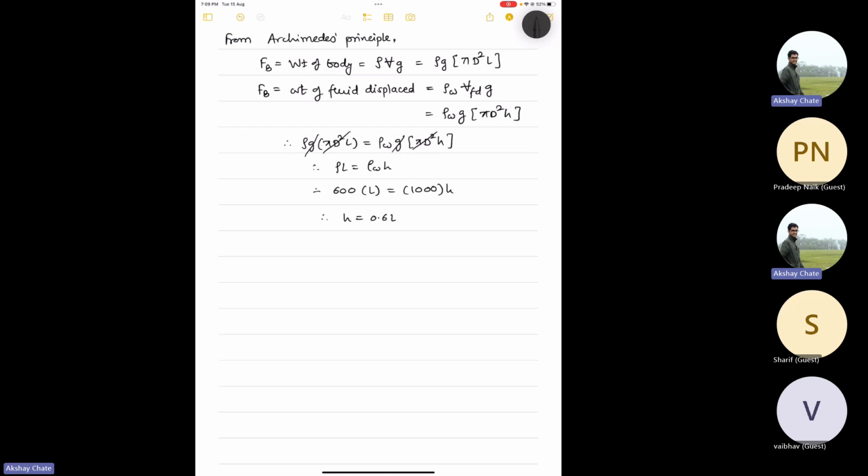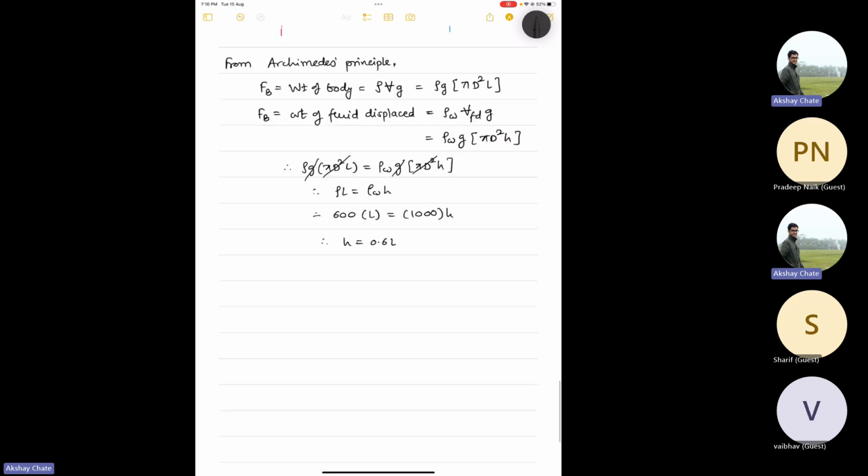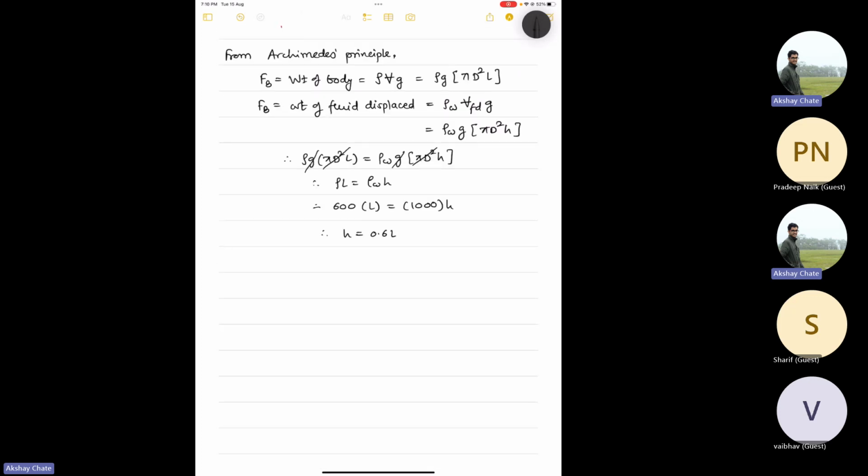Again, there is a derivation for that also, but that is out of syllabus for our course. So we need to remember the formula, but the rationale behind that, maybe in some higher studies you will get to know it. But due to time constraints, I could not mention it there, but I'll mention it here, so you can remember that.